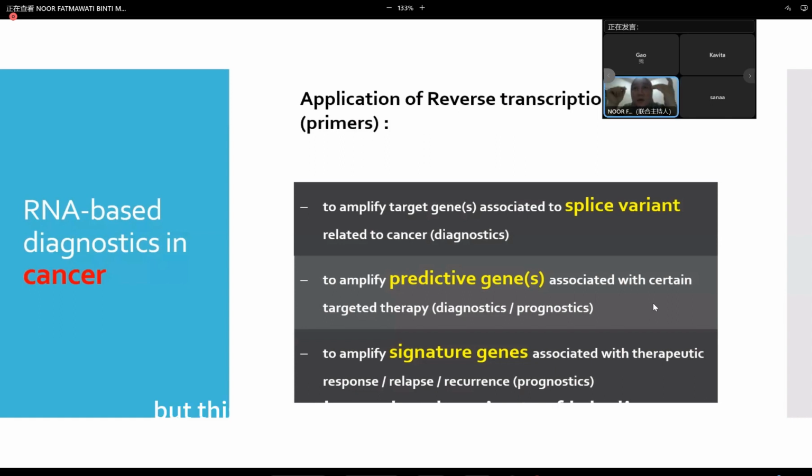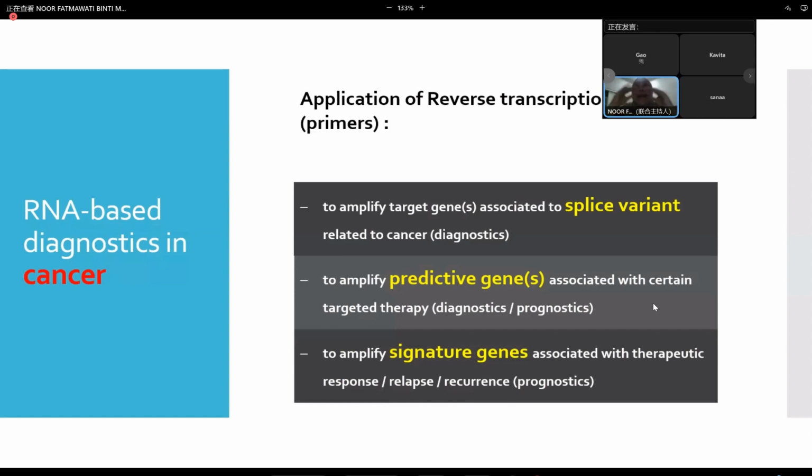But this depends on the chemistry of labeling, if it's fluorescence or radioisotope or biotin. But the most famous labeling of this tool, primer or probe, is fluorescence. So one technology that is famously used for RNA-based diagnostics is reverse transcriptase real-time PCR.